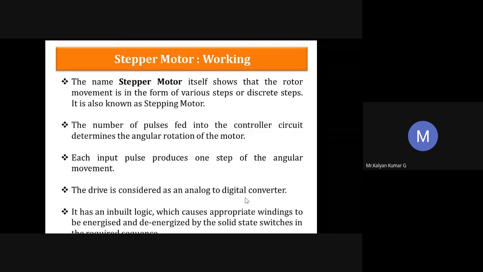One more point to remember is that the average speed of a stepper motor is proportional to the rate at which the pulse command is received. I repeat, the average stepper motor speed is proportional to the rate at which the pulse command is delivered.